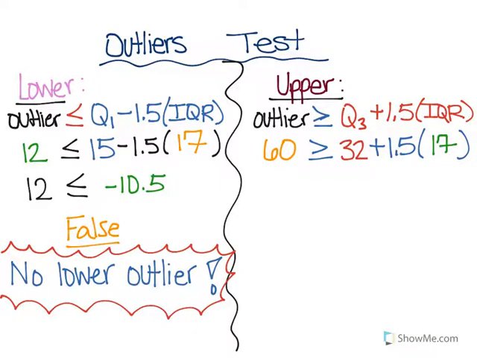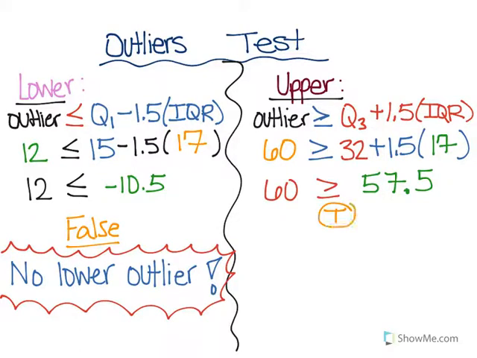So now I'm going to type into my calculator 32 plus 1.5 times 17 and hit enter to figure out what that number is. And when I do that, I ended up with 57.5. Now 60 is in fact greater than or equal to 57.5.